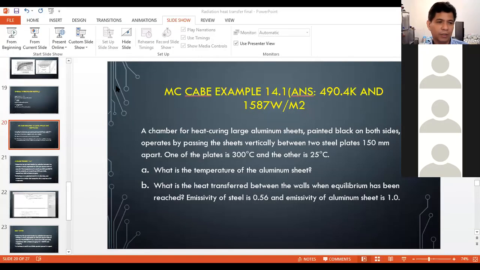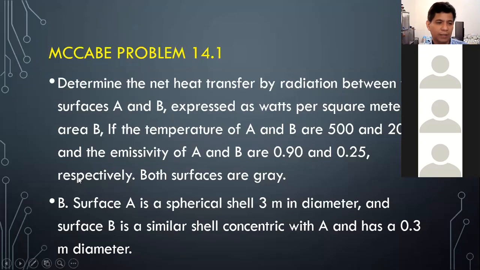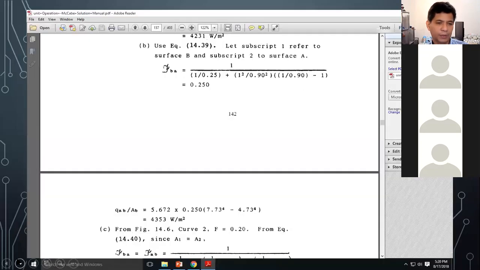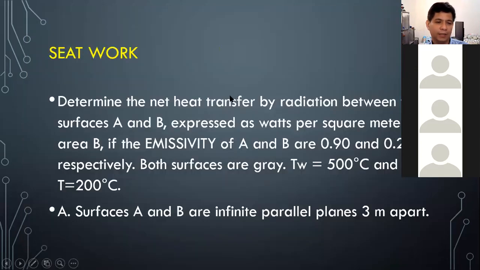So, let's go to the whiteboard. Sinolve natin, tapos ito yung solution sa solutions manual. So, F muna, yung angle factor 0.25. Tama ano?